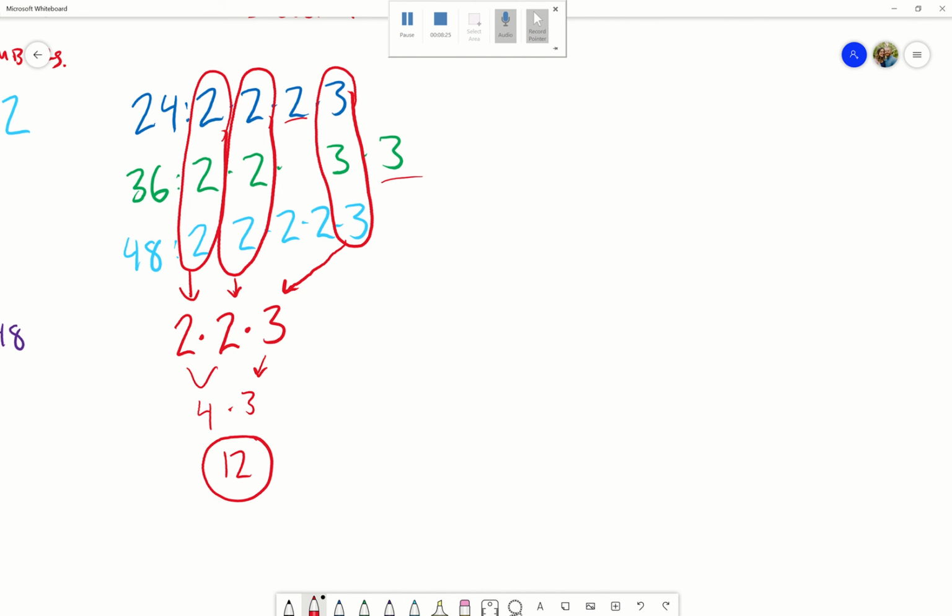Wow, we really just went quite a ways there. That was a lot of work, a lot of talking. I know I went kind of fast on that one, but that is how this works. So we find our prime factorization, we circle the things in common, and then we multiply those common numbers, and that will give us our greatest common factor.